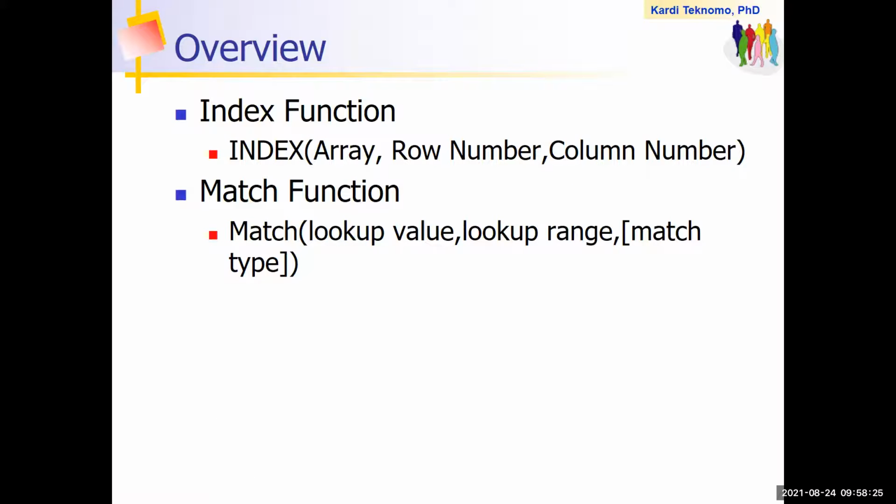Yes. So the syntax is something like this, okay? INDEX: you have an array or a matrix, and then the next are the row number and column number, starting from 1.